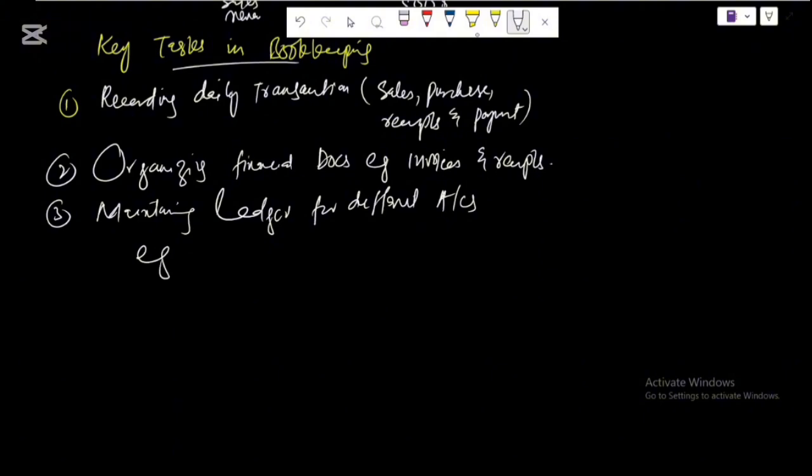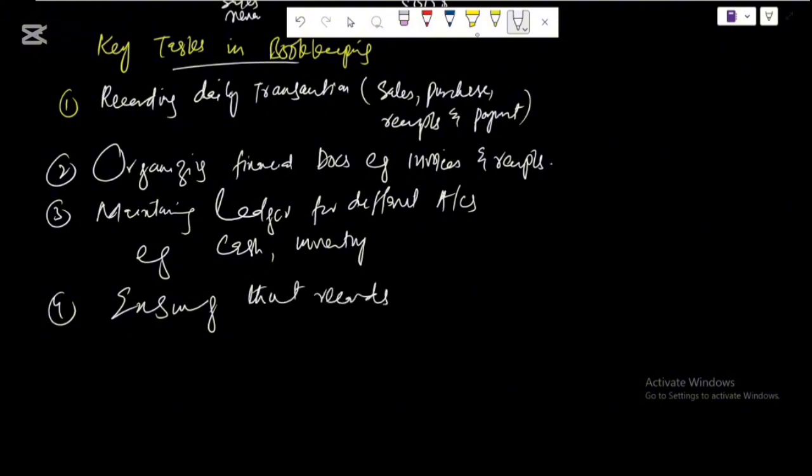For example, your cash account, your inventory. So you have to maintain these. And the fourth one is ensuring that records are accurate and up to date.